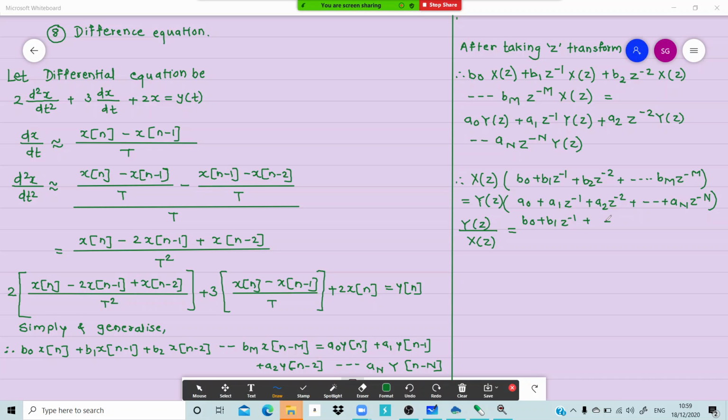Now I will not write everything. bm z raised to minus m upon a naught plus a1 plus an z raised to minus n.